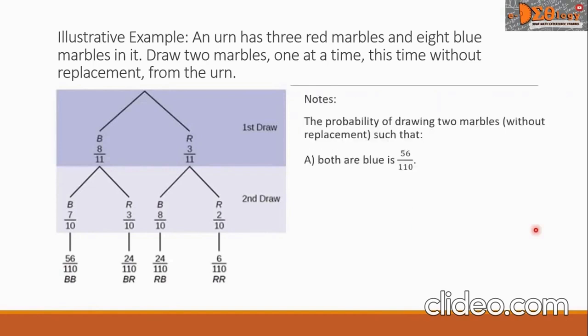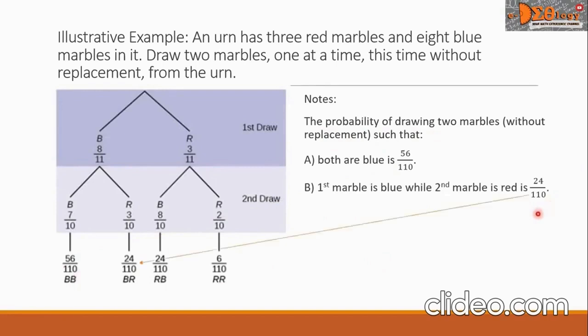We can see now that the probability of drawing 2 marbles, of course this is without replacement, such that letter A, both are blue, is 56 over 110. It comes from this fraction here. Letter B, when the first marble is blue while the second marble is red, the probability is 24 over 110.